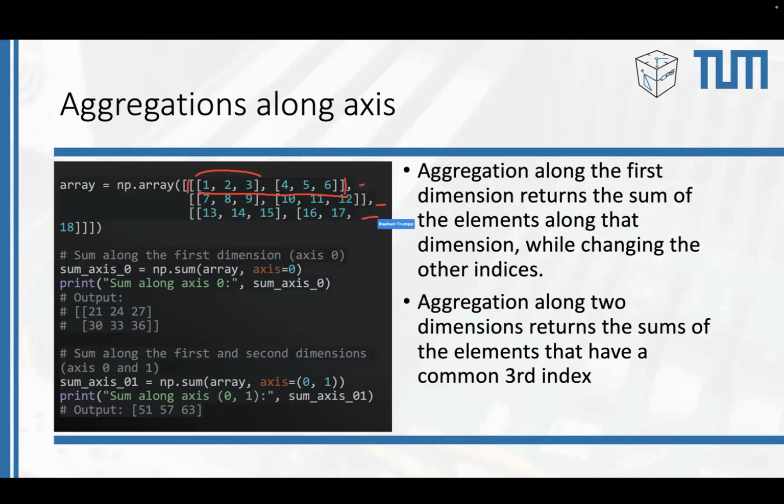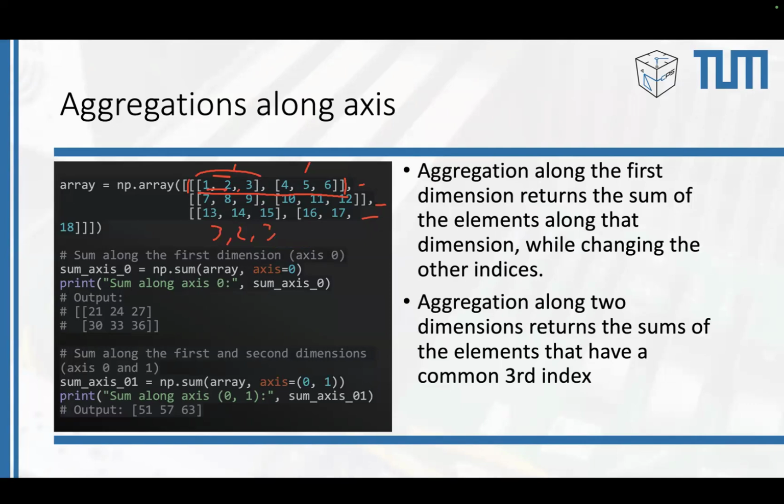One, two, 3 rows. 1, 2 columns, 3 elements. So 1 to 6 is the first row. 1 to 3 is the first column, 4 to 6 is the second column. And for each column you have 3 elements, 1, 2, and 3. So the shape is 3, 2, 3. Does that make sense?